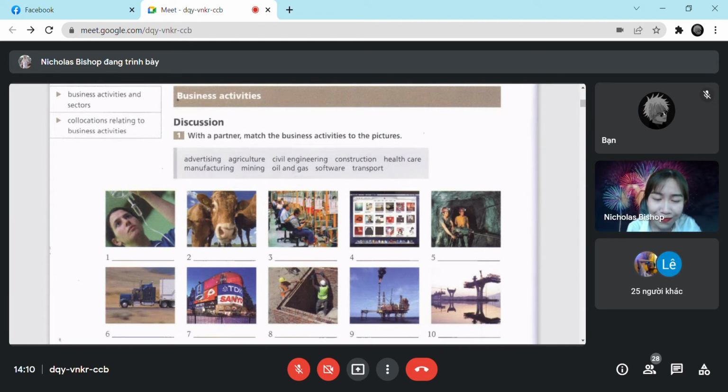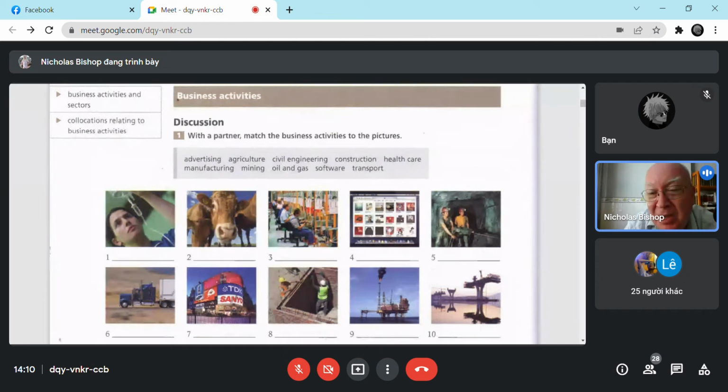Yeah, might be a building, and they're wearing a hard hat on their head, so that's like a construction worker. Okay, good.